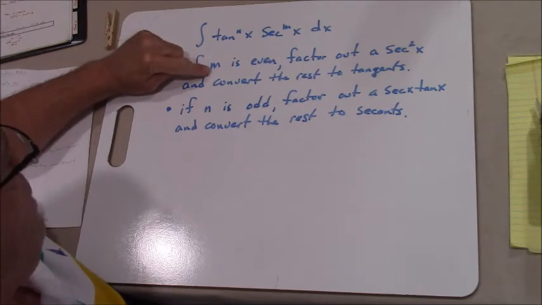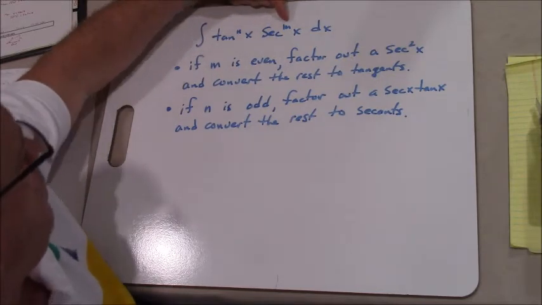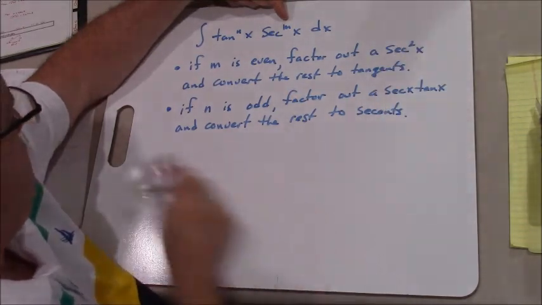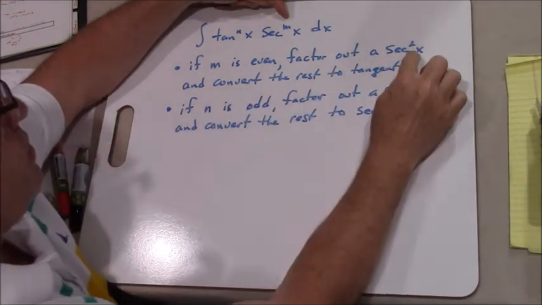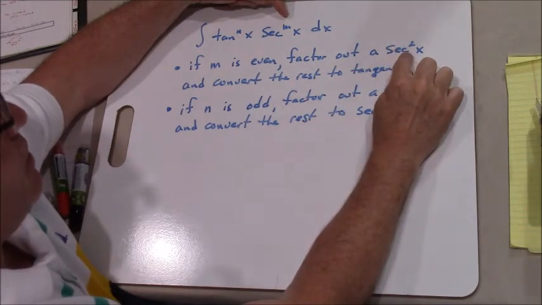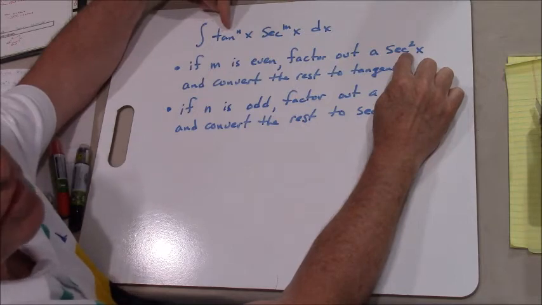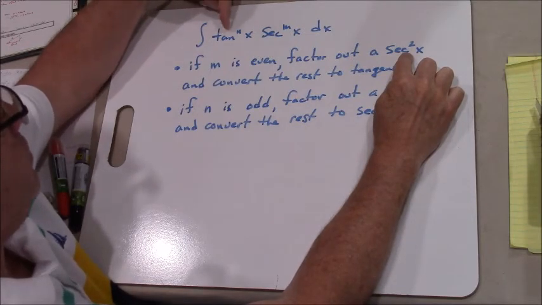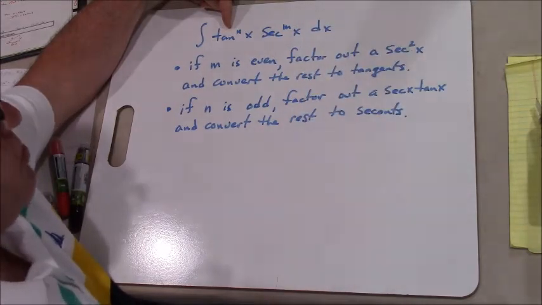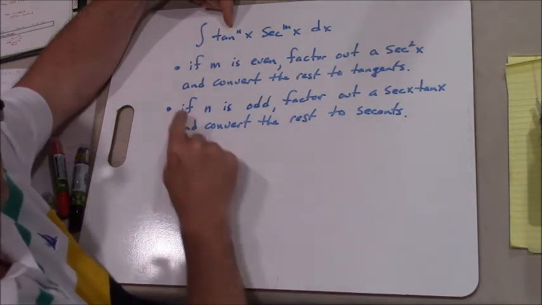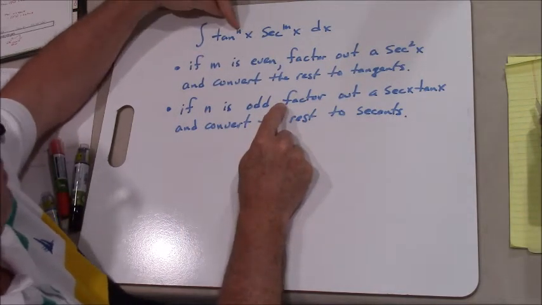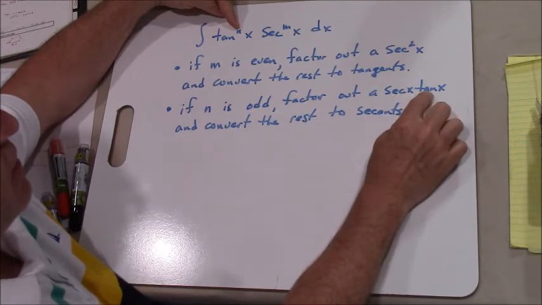So if m is even, this exponent right here, that means we want to factor out a secant squared and convert the rest to tangents. The reason we're factoring out a secant squared is because that's the derivative of a tangent. So if I can get everything else in terms of tangents, here's its derivative, then I can do a substitution. Okay? And if n is odd, so that's this one, factor out a secant and a tangent.